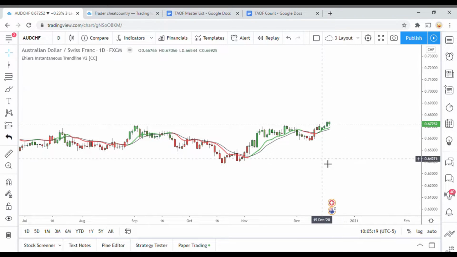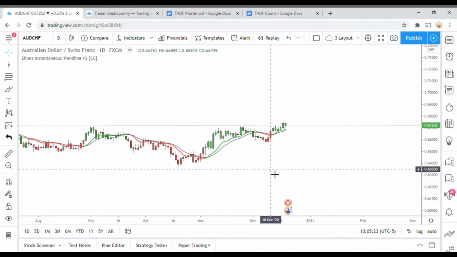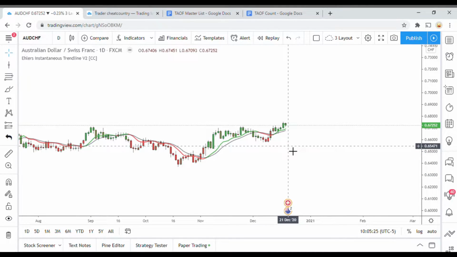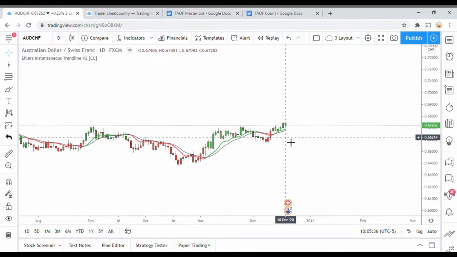We are at the current date as far as price action goes. And so you can see here that it is the weekend, and so price action is closed for now, but the last candle was on December 18th.